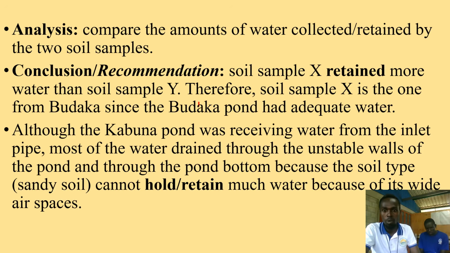Although the Kabunda pond was receiving water from the inlet pipe, most of the water drained through the unstable walls of the pond and through the pond bottom, because the soil type, which is sandy soil, mark this, sandy soil, many learners write sandy soil, and the examiners give scores by massive, cannot hold or retain much water because of its wide air spaces.